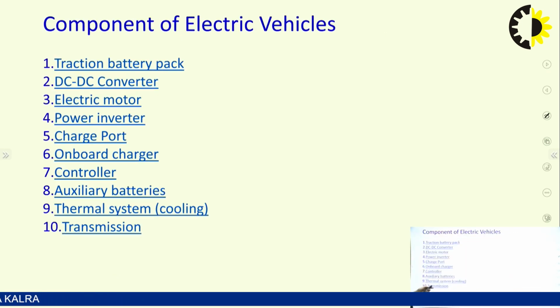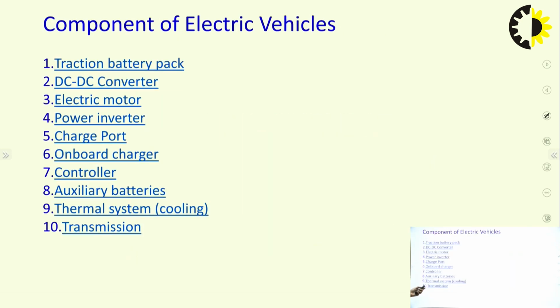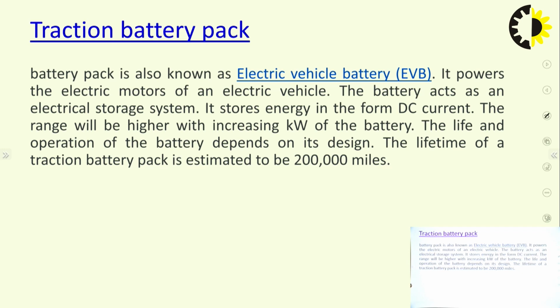So if you come to the details: the traction battery pack, the DC to DC converter, the electric motor, power inverter, charging ports, onboard charger, controller, auxiliary batteries, thermal system, and the transmission. As I previously discussed, the battery pack is also known as the electric vehicle battery pack. It powers the electric motor, and the battery acts as an electric storage system.